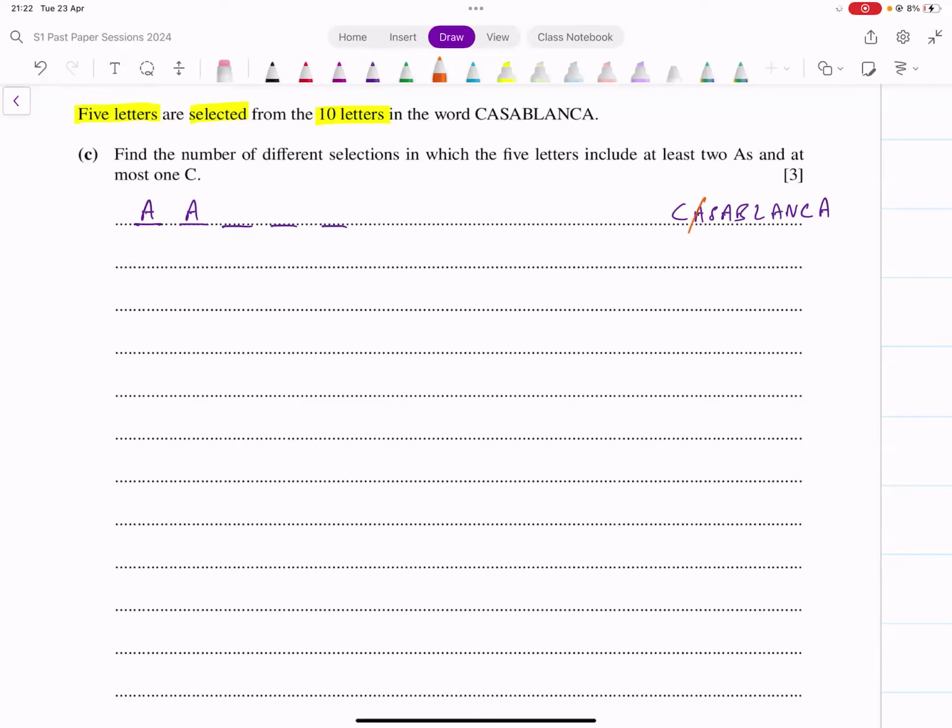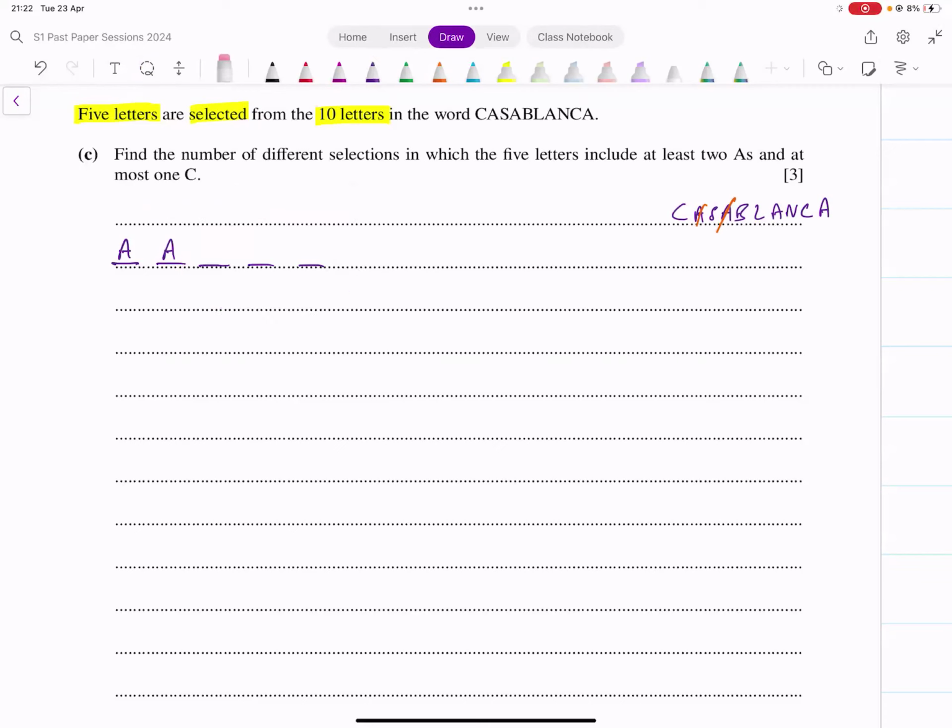We can say 1 A is already selected and this A is already selected. So we don't have to worry about those 2 A's now because at least 2 A's have to be there. And at most 1 C, that's not something that we can say for sure, but 2 A's are already there. Now we just have to worry about the remaining 3 places.